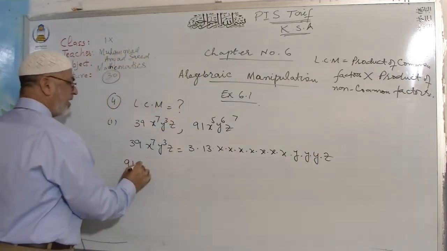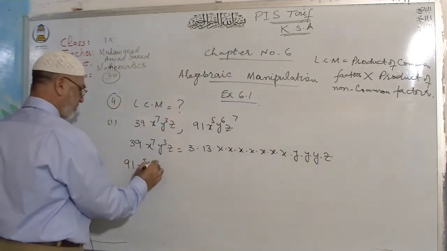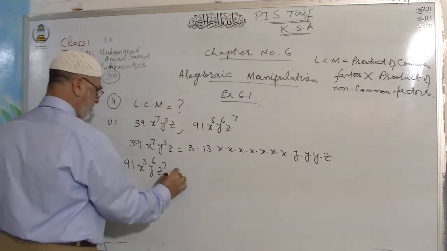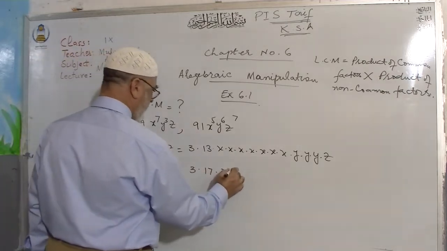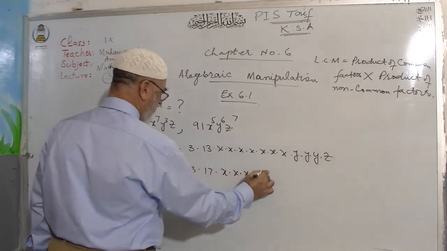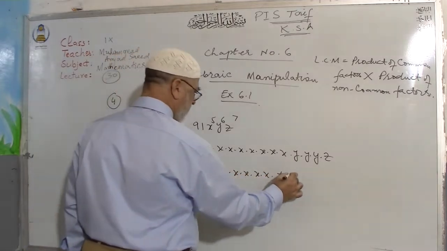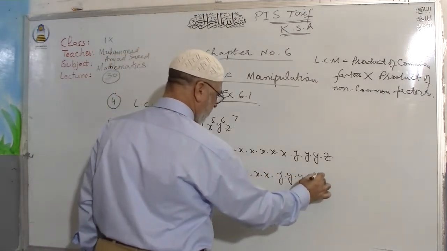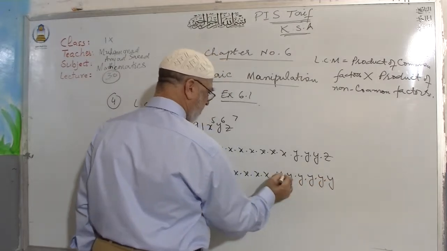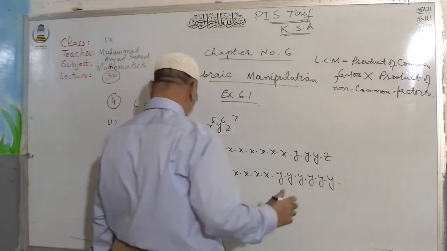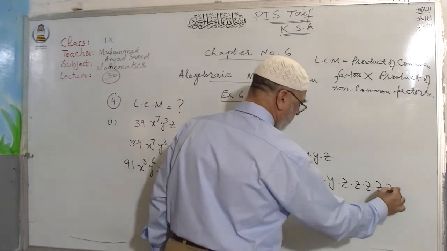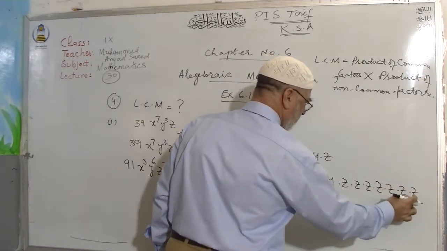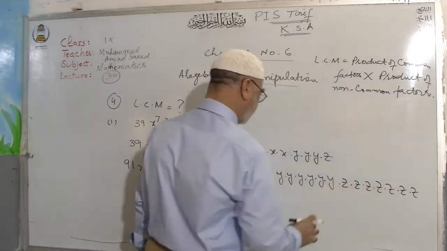Similarly, 91 x5 y6 and z7, that is 3 into 17, x is coming 5 times, y 6 times. In this way you can write down y 6 times and z is 7 times. 1, 2, 3, 4, 5, 6 and 7.